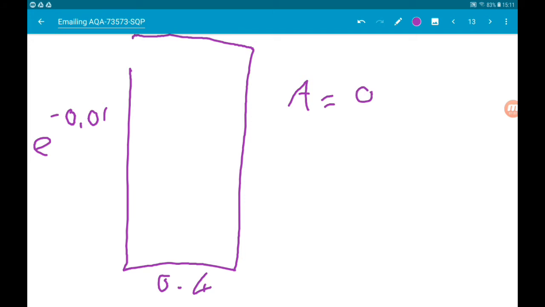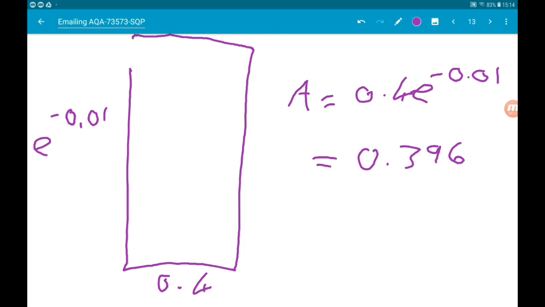So the area is 0.4 e to the minus 0.01. Which, if we go to 3 or even 4 decimal places, gives us 0.3960.